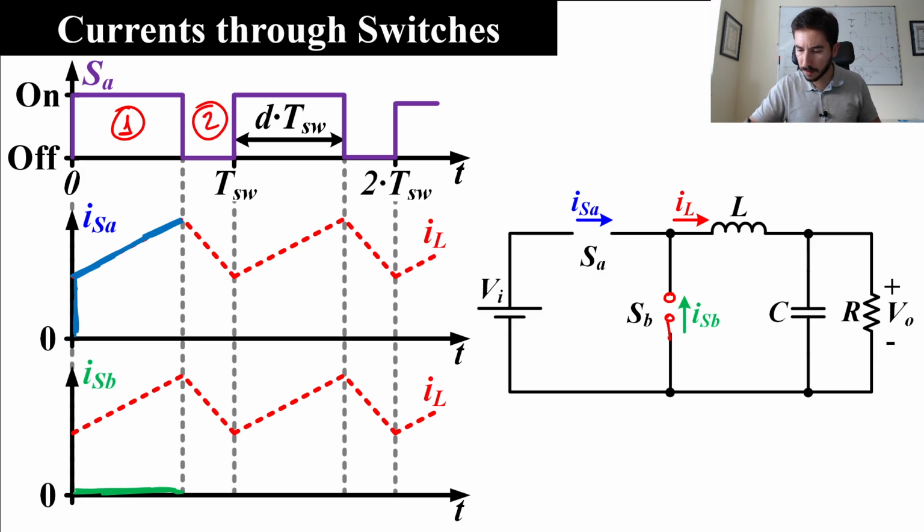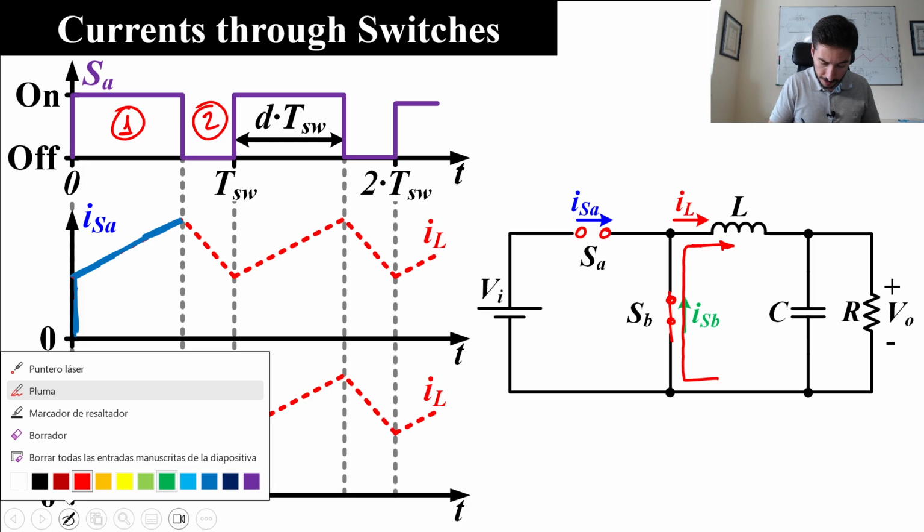We have to think about the equivalent circuit of the switch. In the case of switch A, the switch A is off in this state, so we put an open circuit. Switch B is on, so we put here a short circuit. Conclusion: all the inductor current is flowing through switch B in this state.